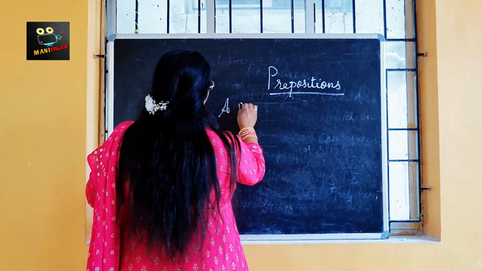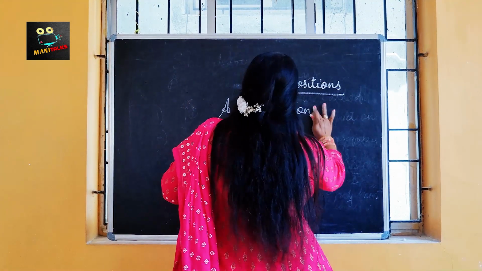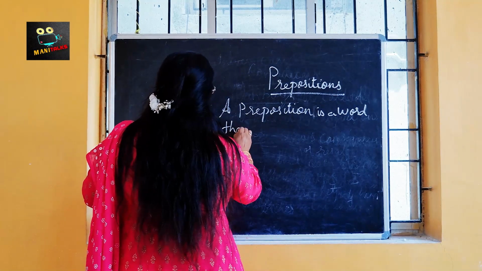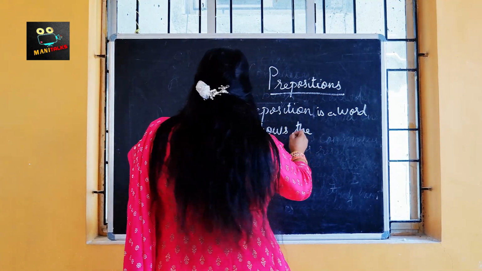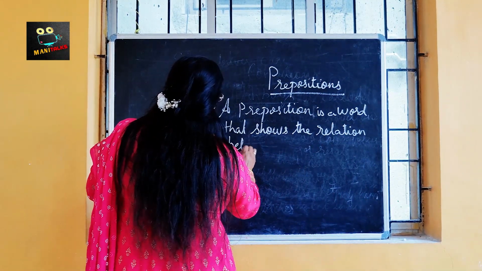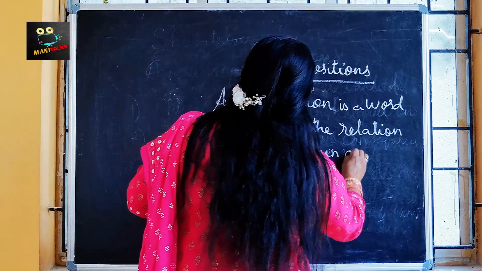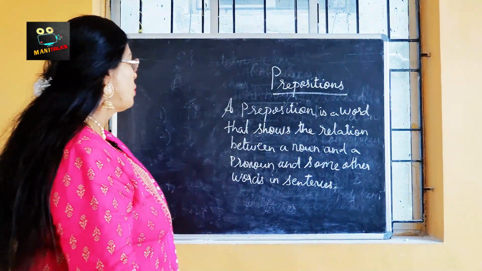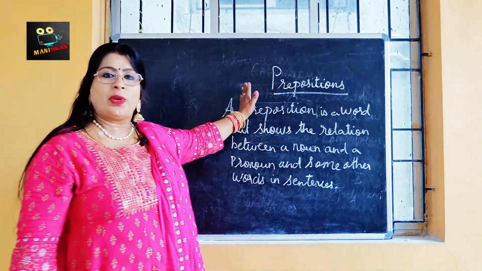So a preposition is a word that shows the relation between a noun and a pronoun and some other words in a sentence. Okay, so this we know what are prepositions.